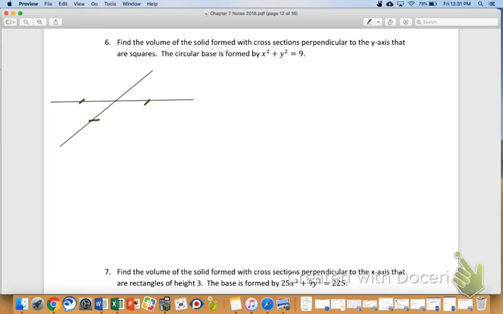So here is a perspective drawing. Hopefully a decent one. See, that's a circle in perspective. It's a little flat on one side, but does that make sense? Okay. So then I will draw in one cross section perpendicular to the y-axis.